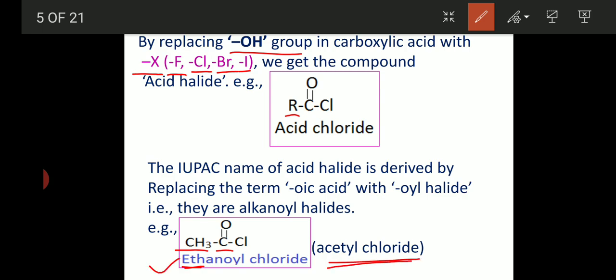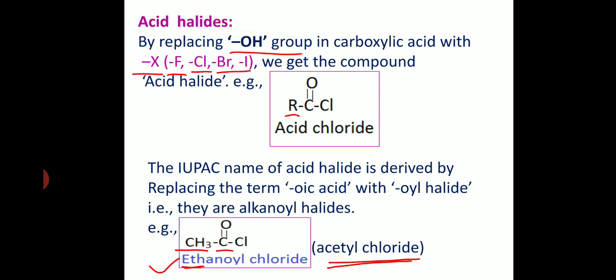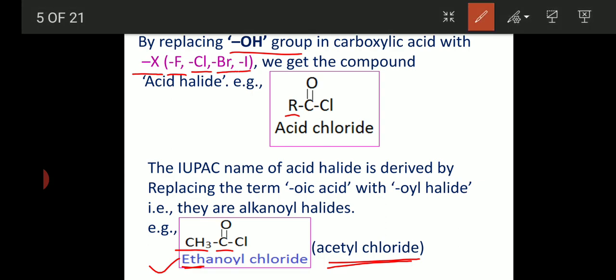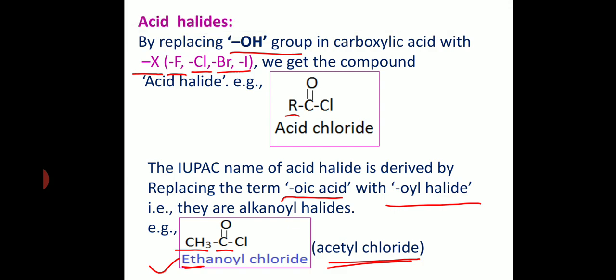So in place of the parent acid's oic acid, we write oyl halide: oyl chloride, oyl bromide, oyl iodide, like that. So for the parent acid, how can this acid chloride be obtained?